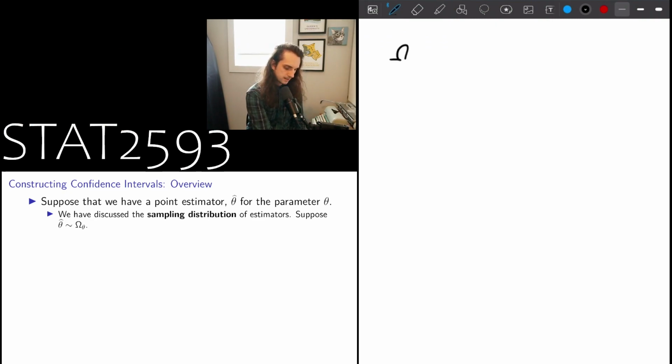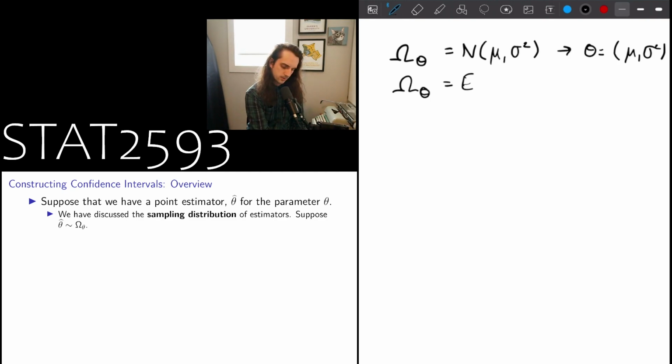Well, omega of theta could, for instance, just be a normal distribution with some mean and sigma squared, and then in this case, theta is going to be the mean and variance, right? We could also think about it being, say, an exponential distribution. We saw those with lambda, and then in that case, theta is going to be lambda, right? So we're just using this to remain as general as we can.